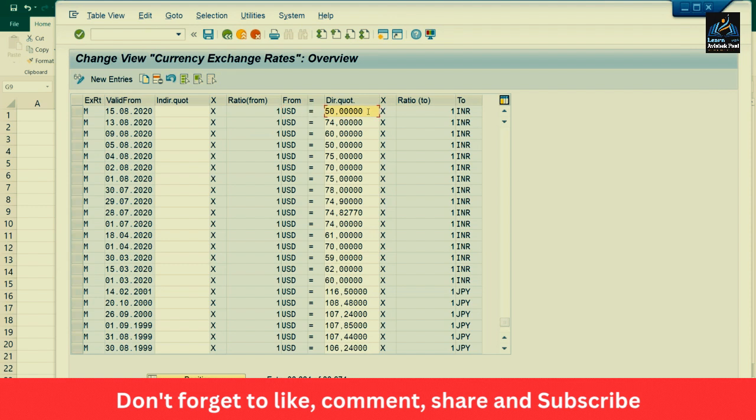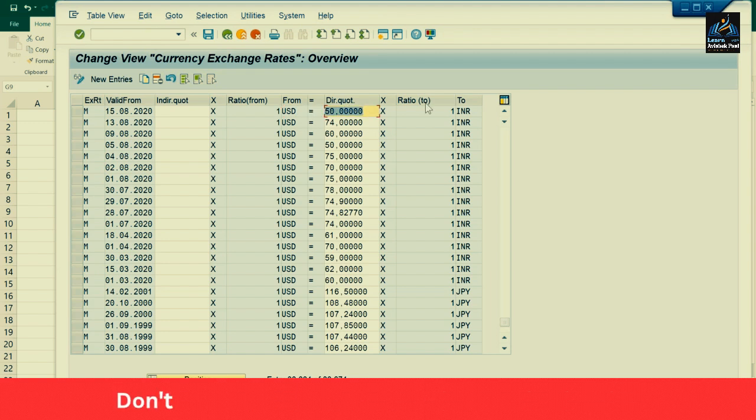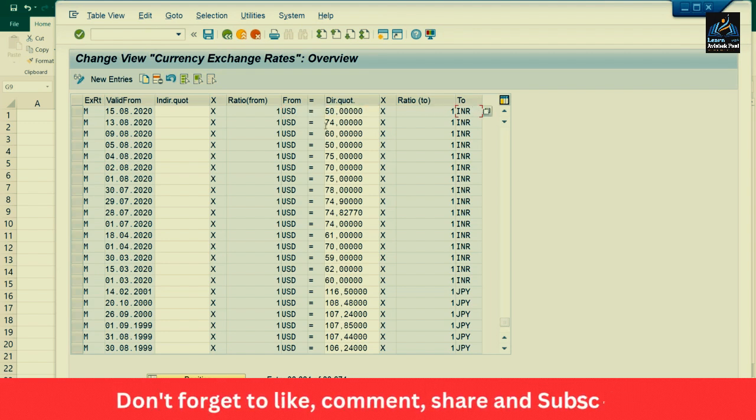As per direct quotation, 1 unit of foreign currency shows the total number of units of your local currency. 1 unit of foreign currency equals 50 units of your local currency. This is the rate, so it is specified this way under direct quotation.